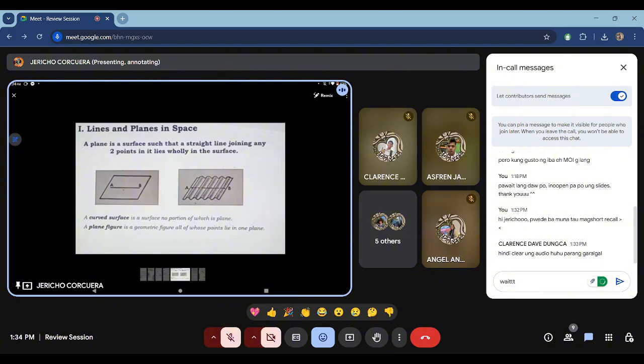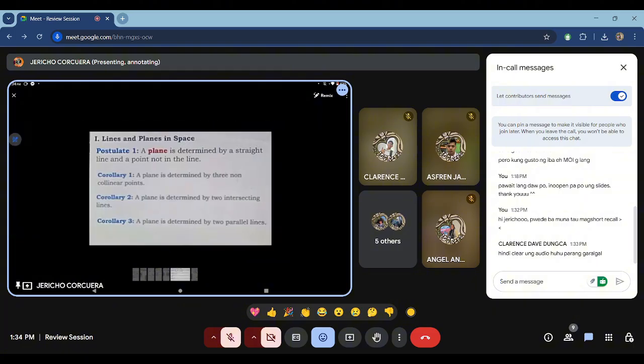Yun ang plane. Buong plane, it lies wholly on the surface. A curved surface is not a plane figure, while a plane figure is one whose points all lie in one plane.